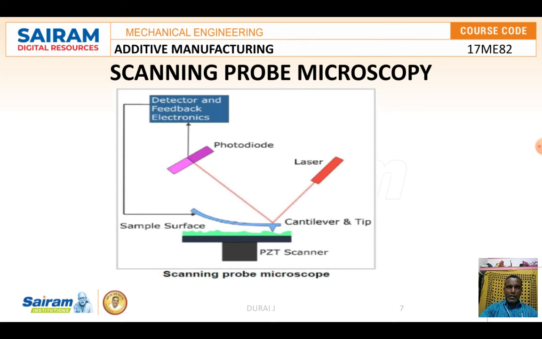The scanning tunneling microscope measures the electrical current flowing between the cantilever tip and the sample. These are the different types of scanning probe microscopes.